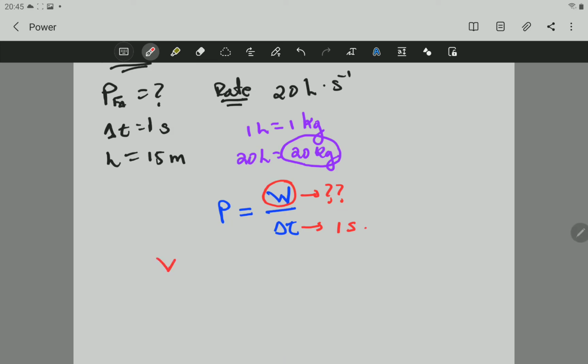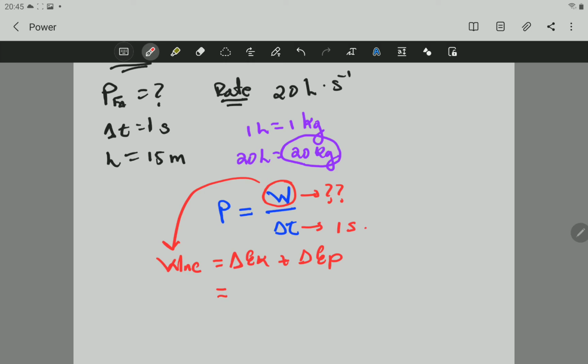Okay, so the work done by the non-conservative force, which is the force they're looking for, is equal to the change in kinetic energy plus the change in potential energy. Let's break down this formula.